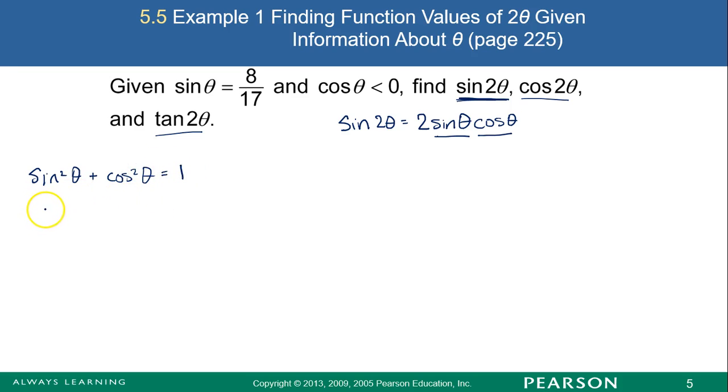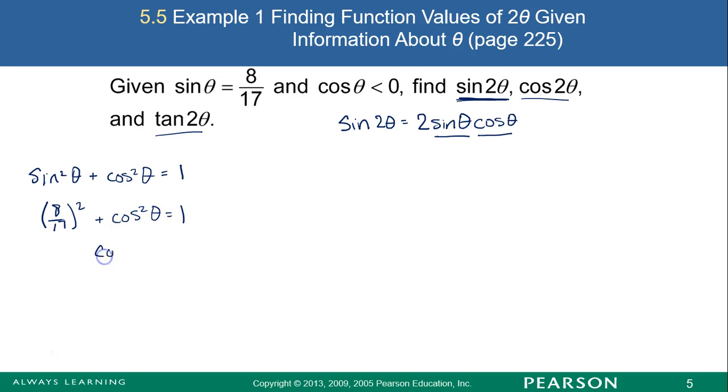Okay, so we're going to say cosine. Well, we have sine, so let's plug that in. 8 over 17, square it, and then solve this for cosine.